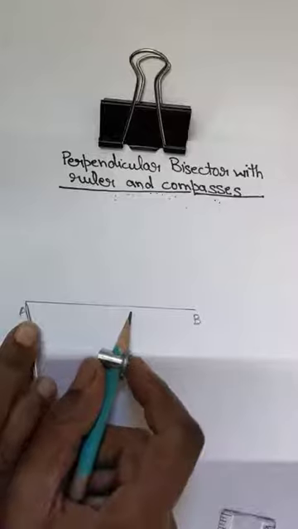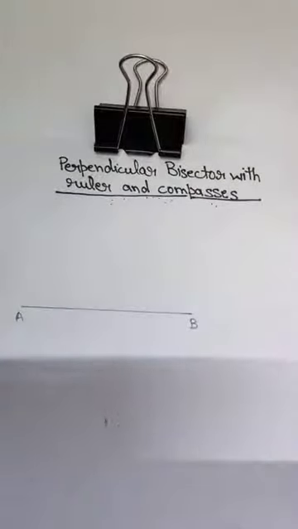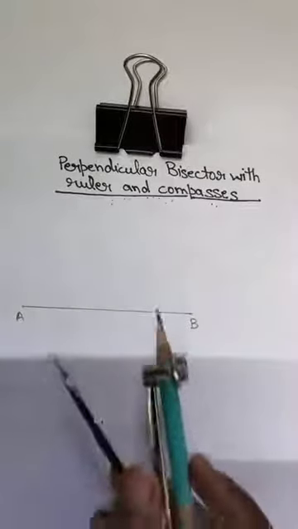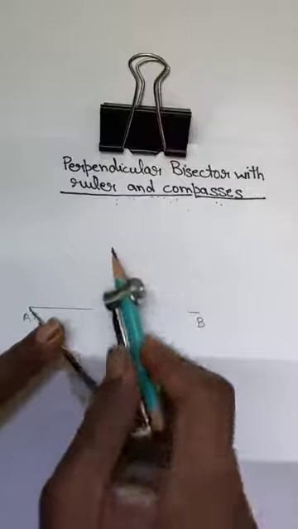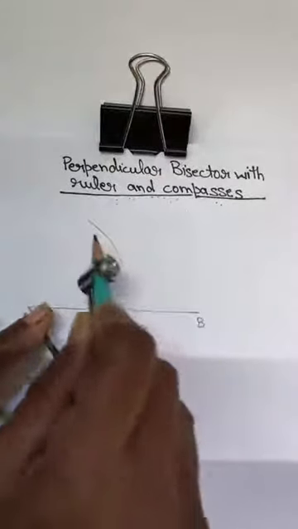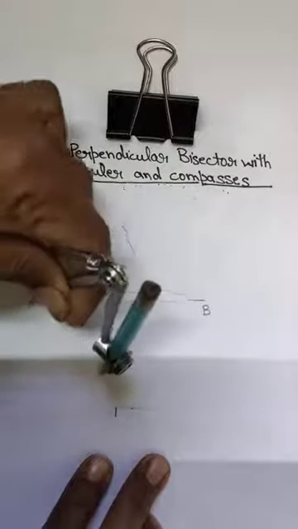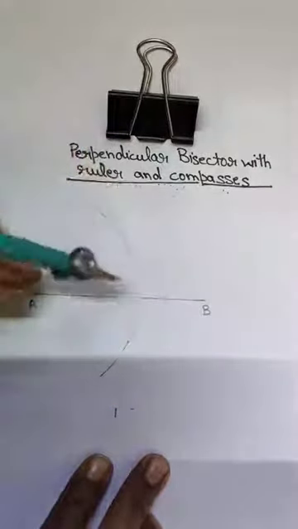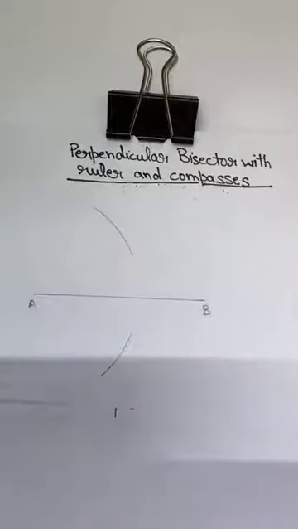Open it more than half. Okay. Now from A, draw two arcs. One here on both sides of AB it is there. And one here like this. दोनों साइड आपको AB के arcs draw करने हैं.